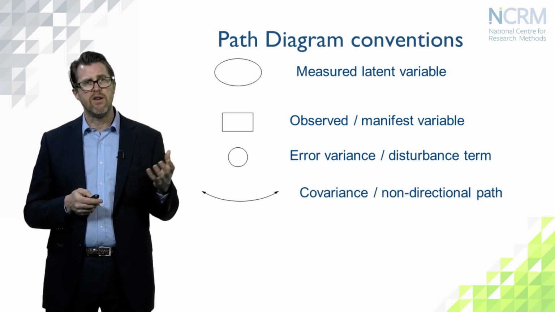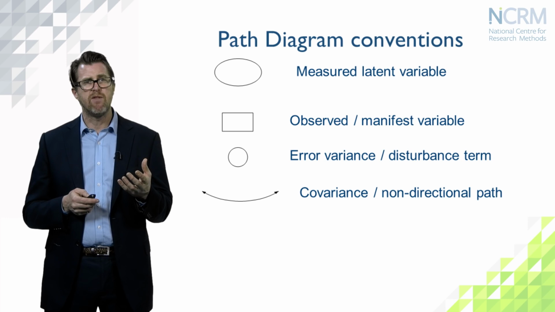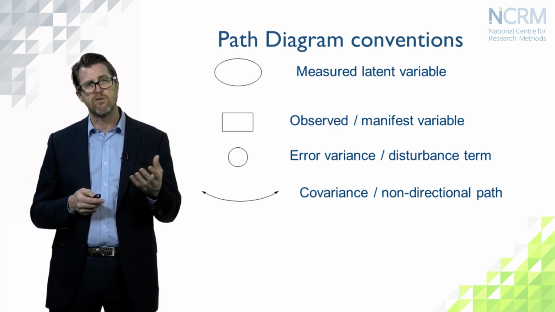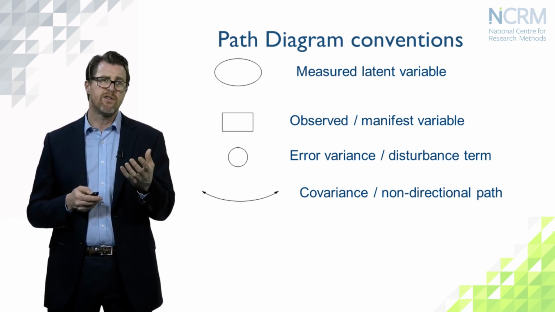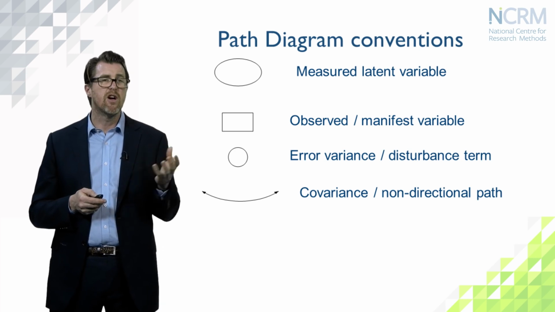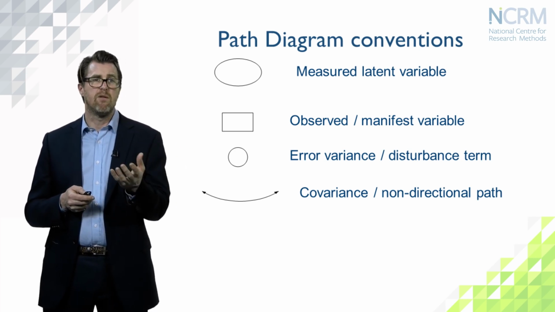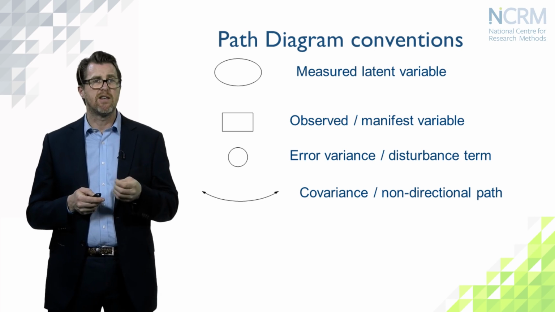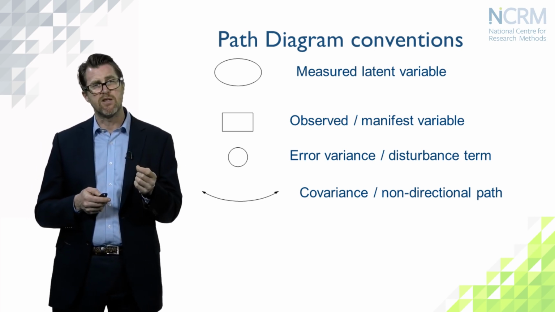We also indicate the relationships between variables using lines with arrows. A curved line with an arrow at each end indicates a covariance between two variables.